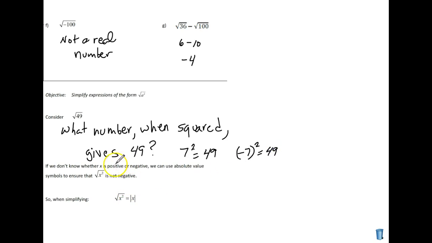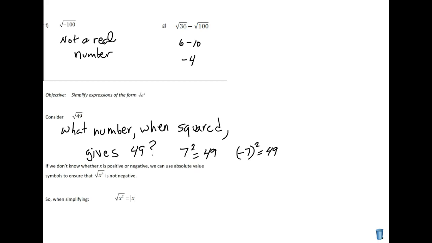But since this is the positive or principal square root, we would be looking for the positive answer, or the principal answer, which is 7. But when you have a variable like x, in order to ensure that it is positive, we're going to use absolute value symbols in there, okay? So be aware of that.